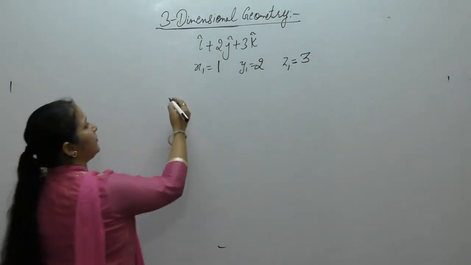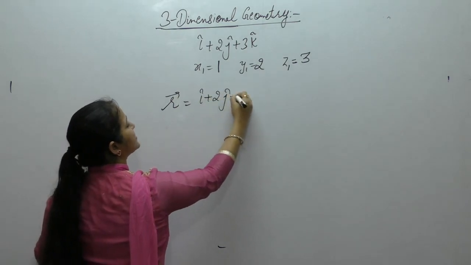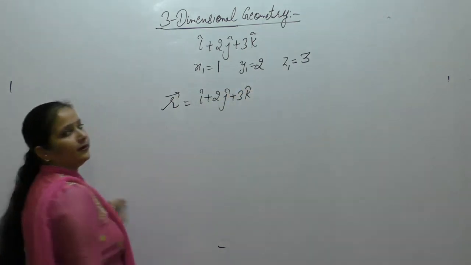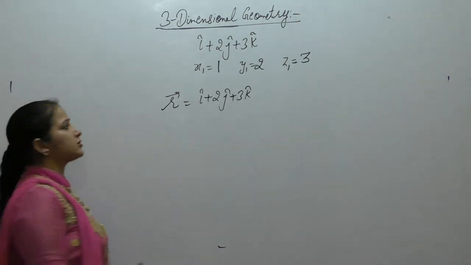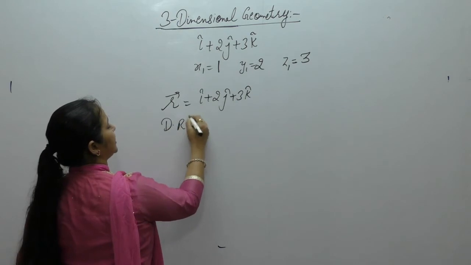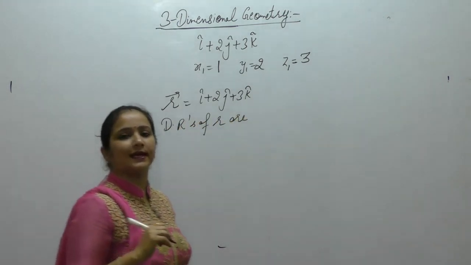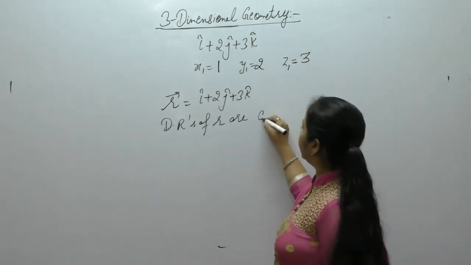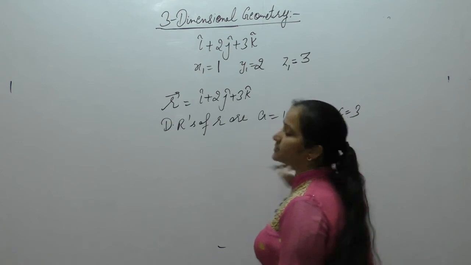Now if r vector is i plus 2j plus 3k, then the direction ratios of r, direction ratios क्या होंगी इसकी? Direction ratios को हम किससे लिखते हैं? a, b and c. a is 1, b is 2 and c is 3.